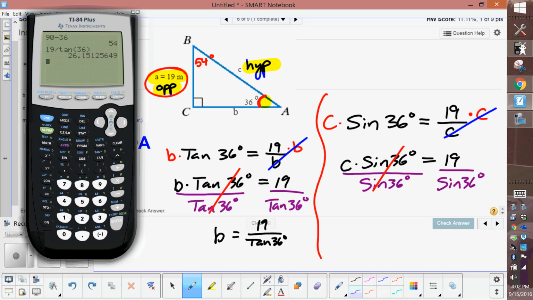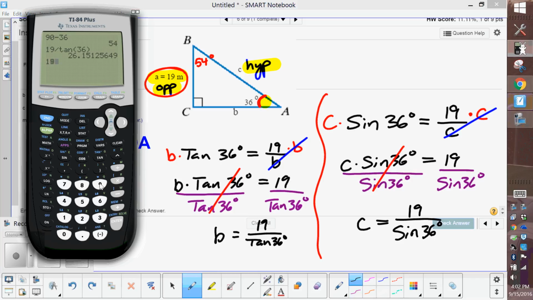This goes away. What will go in my calculator is c equals 19 divided by the sine of 36 degrees. And I'll go ahead and type that in right now. 19 divided by the sine of 36 degrees, and I hit enter.